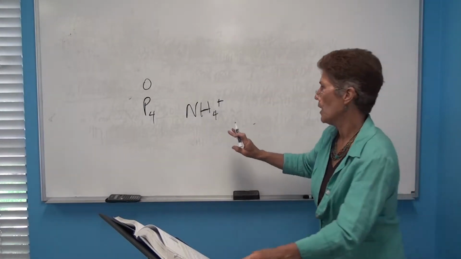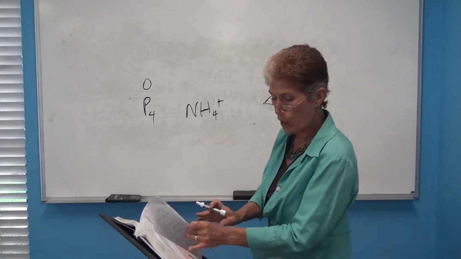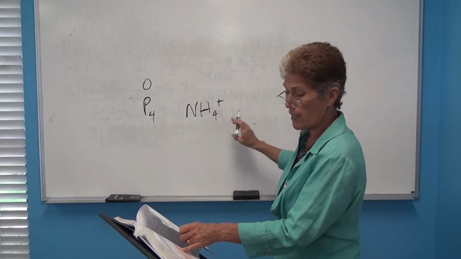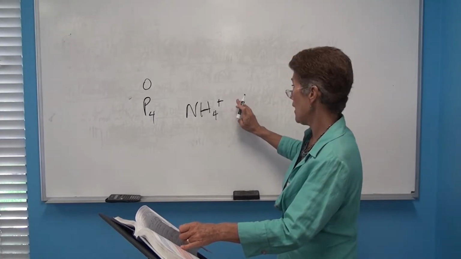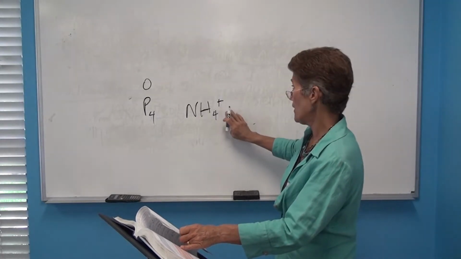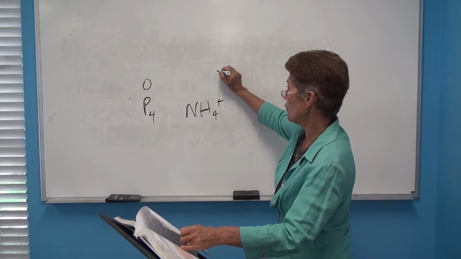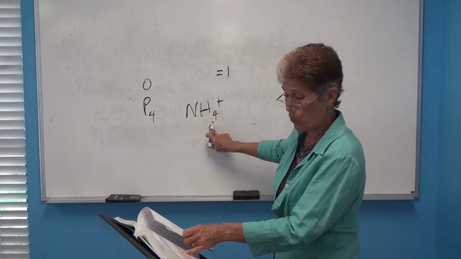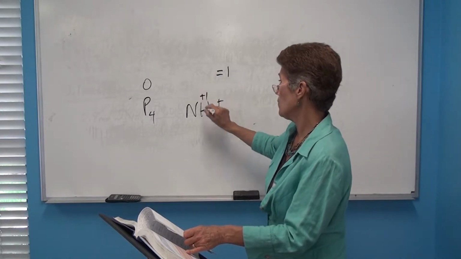Okay, if we work our rules, rule number 3 says whatever the polyatomic ion's charge is, that's going to be what the sum equals. So in this case, I'm going to put it above here. The whole thing has to equal +1. Then the next, we missed the fluorine rule, but then we get to hydrogen. This is +1.